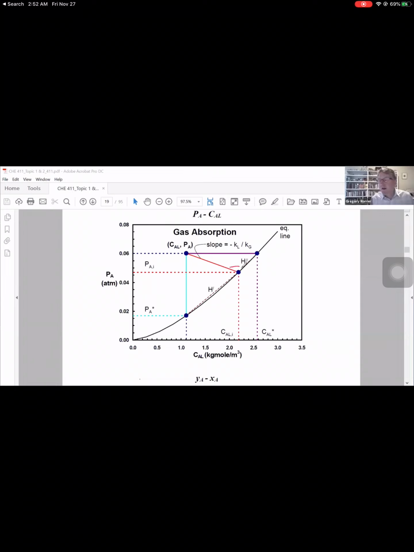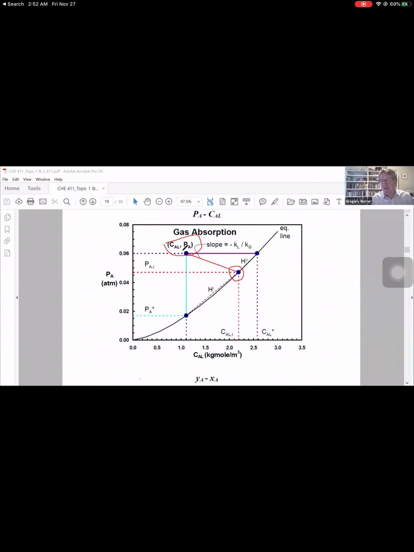So again, this point right here, this is the equilibrium composition, and I want to emphasize it's the only thing on the equilibrium line. Although the equilibrium data may show that, that's assuming that the whole process is at equilibrium, which is not the case, because in this case here, it defines what's called the operating point, which is not at equilibrium.